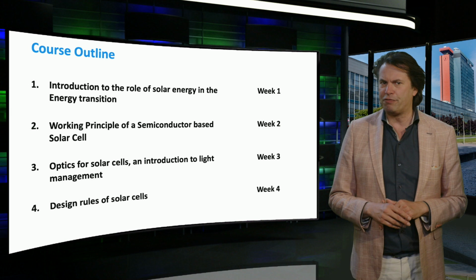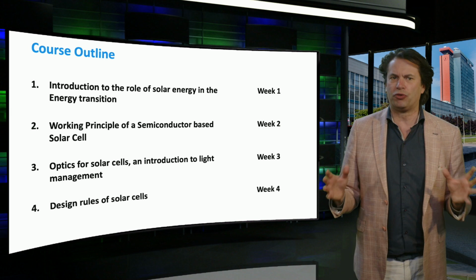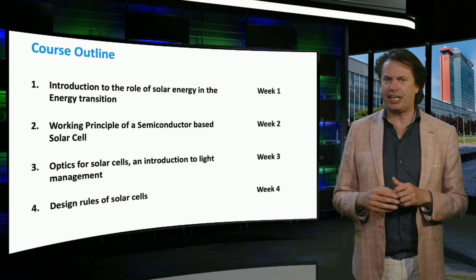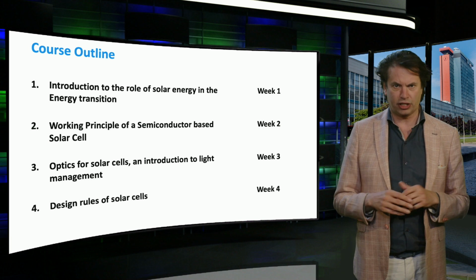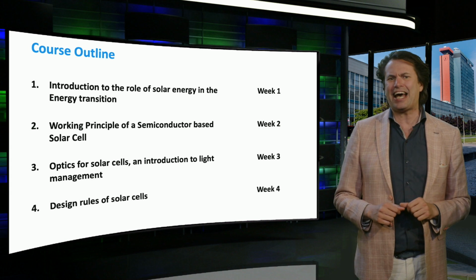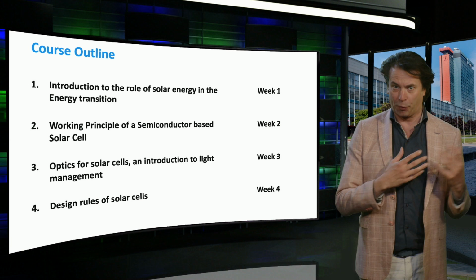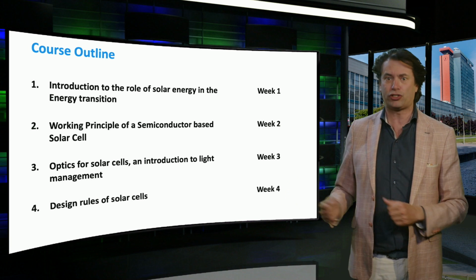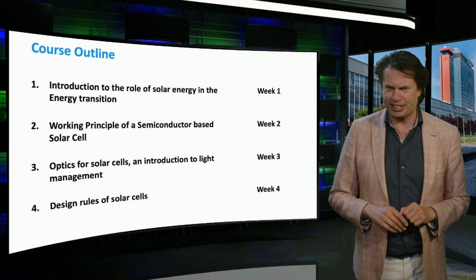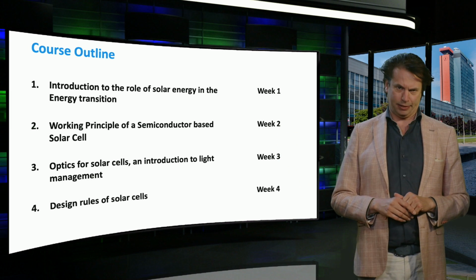In the final week of this course, we will look at all the concepts introduced in the course and find out how they result in electrical losses in solar cells. This last week, we will give you the tools needed as photovoltaic expert to properly design and engineer solar cells. Let's go through all of these 4 sections in a bit more detail.